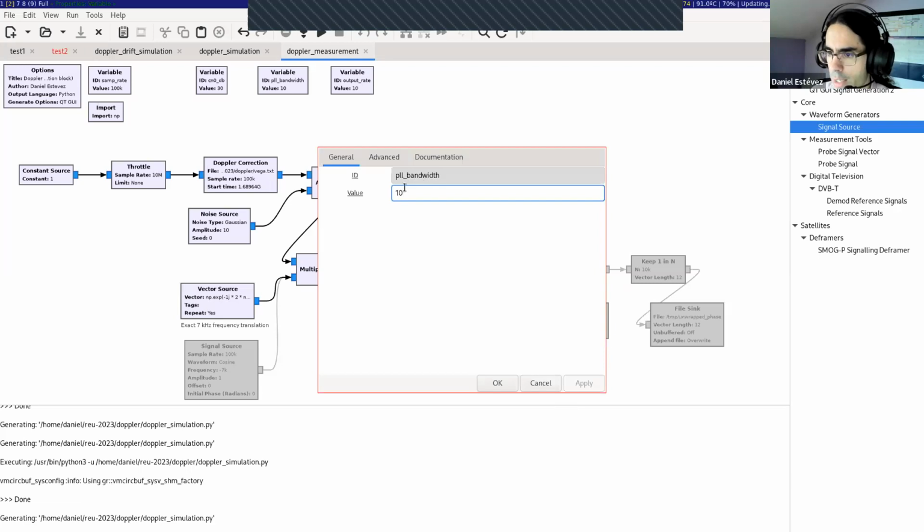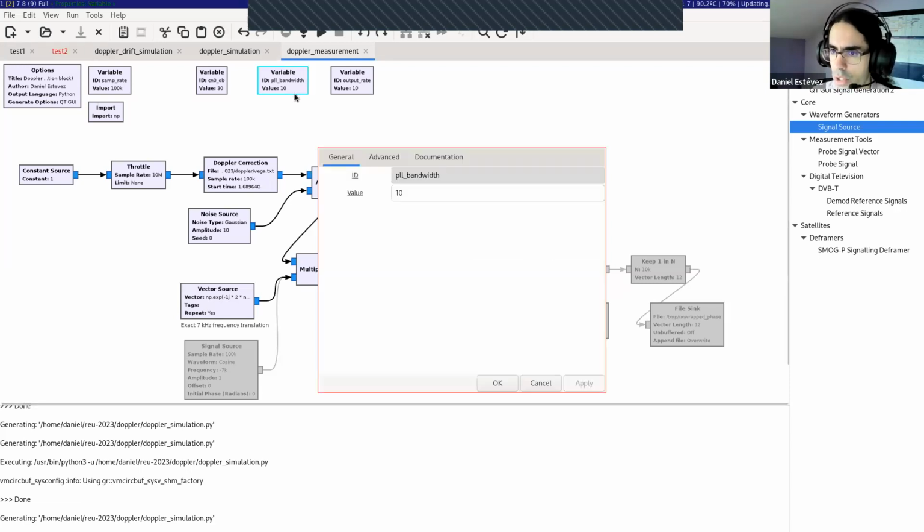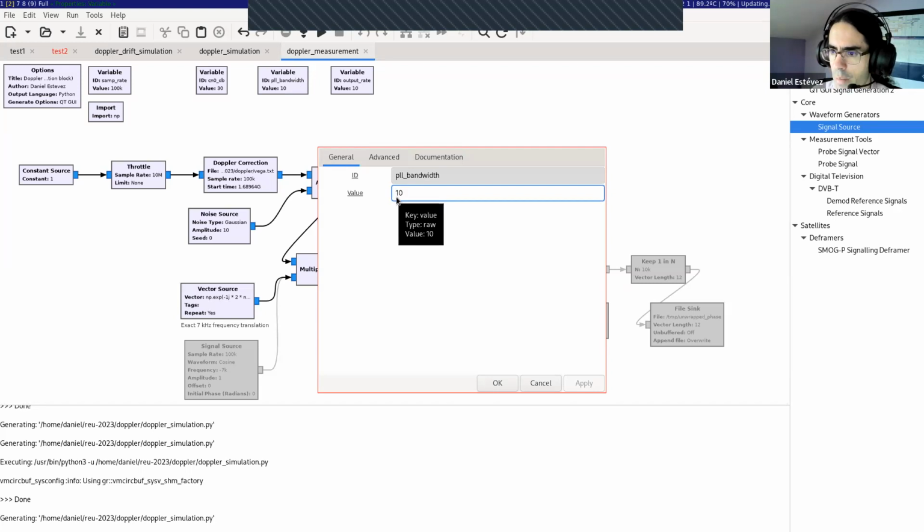If you set a larger bandwidth on the PLL, then the PLL is able to lock faster initially. It's able to track faster changes in the signal. But if the signal is more noisy, then the PLL will lose lock. So you can experiment with different values of the PLL here and see that if you set these too high, maybe 1000 hertz, I can promise that it will not achieve lock.